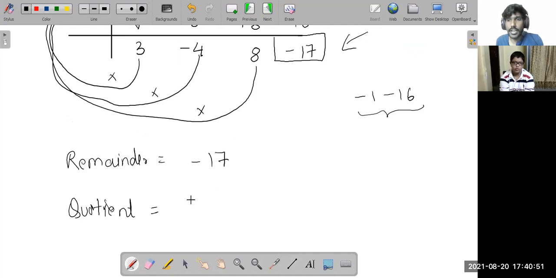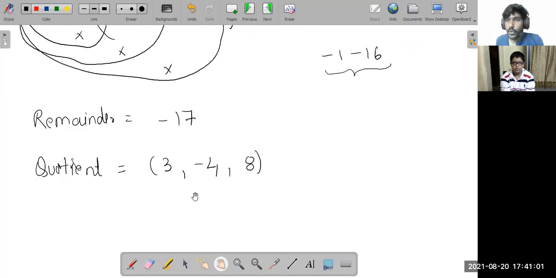Now, how to write the quotient? You look at these remaining numbers here: 3, -4, 8. This is the coefficient form of the polynomial. What you do is you write this in the index form, in descending order.